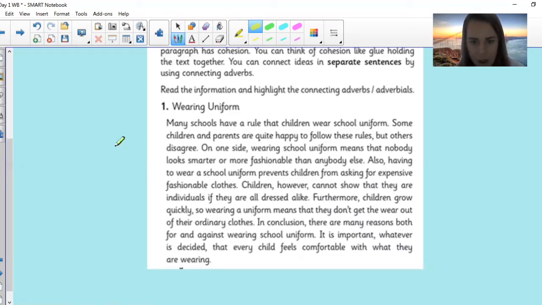Children, however, cannot show that they are individuals if they are dressed alike. Furthermore, children grow quickly, so wearing a uniform means that they don't get the wear out of their ordinary clothes. In conclusion, there are many reasons both for and against wearing school uniform. It is important, whatever is decided, that every child feels comfortable with what they are wearing.